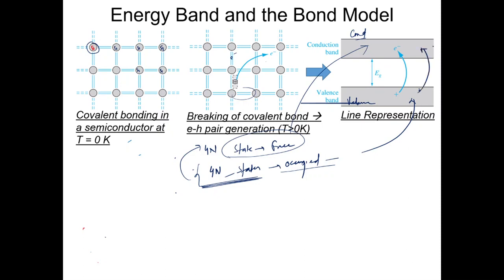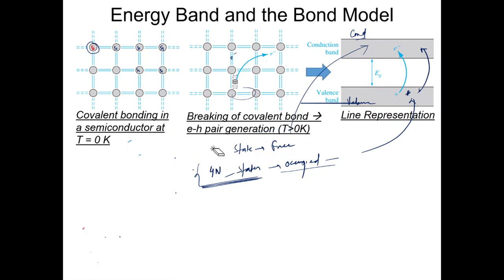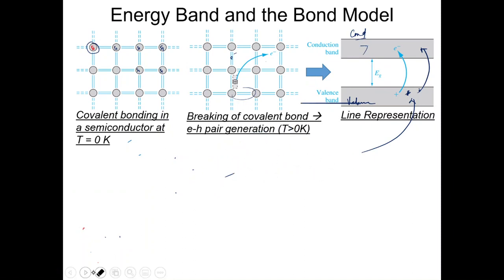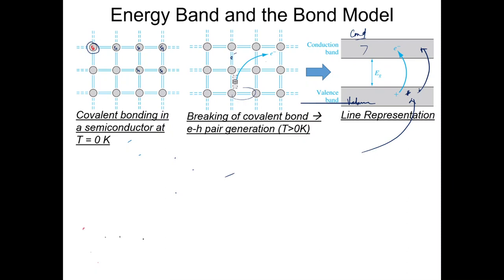Now when they move from the valence band to the conduction band, they are going to leave a positive charge inside the valence band. Now this free electron, as you see, as it leaves any of these bonds, a covalent bond will break.